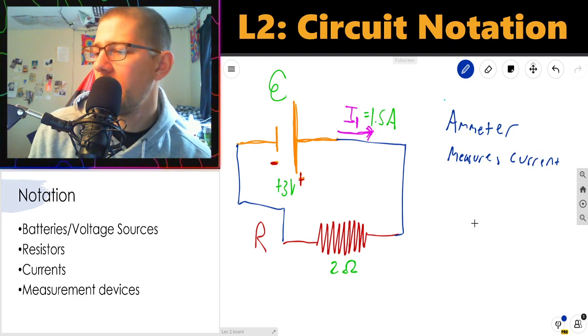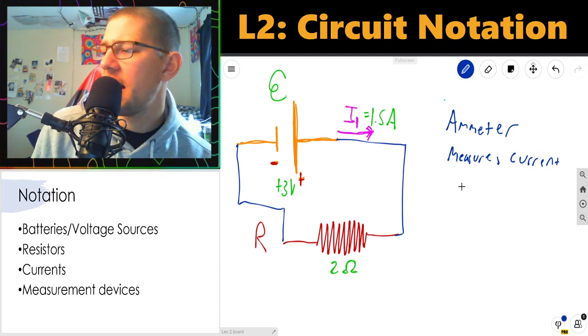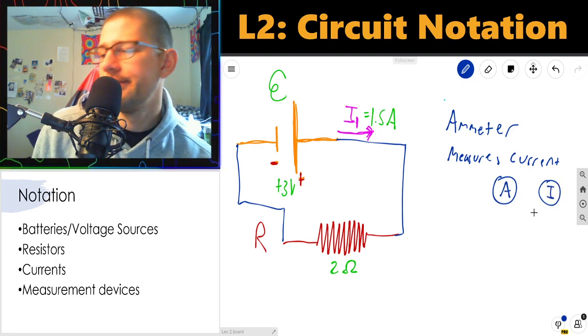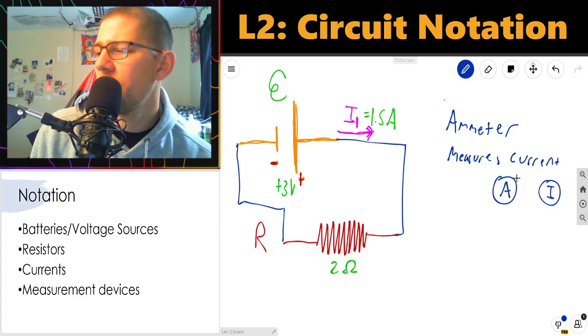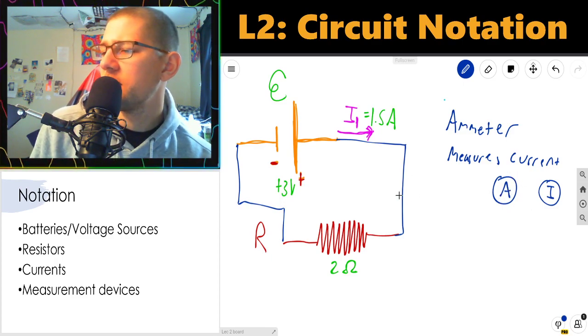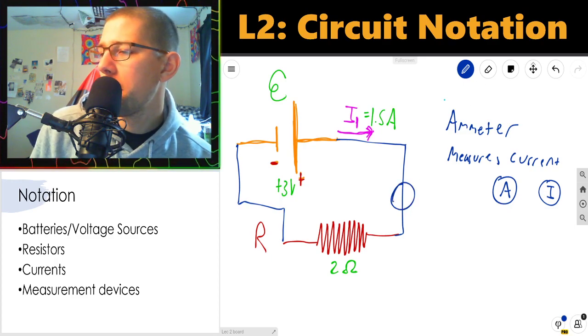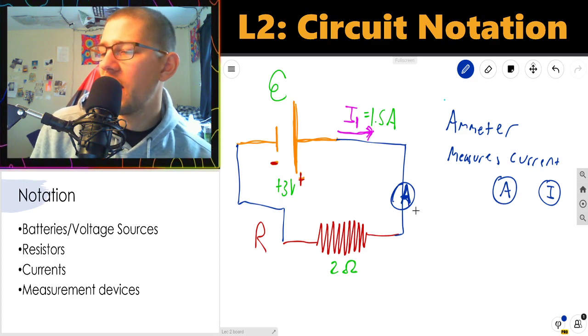An ammeter is typically denoted by a circle with an A on it. I've occasionally seen a circle with an I on it for current, but usually it'll be a circle with an A. An ammeter is placed somewhere on top of a circuit, usually on a wire, and it'll read out for you the current at that point.